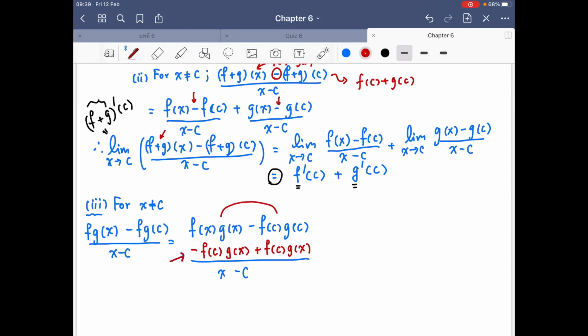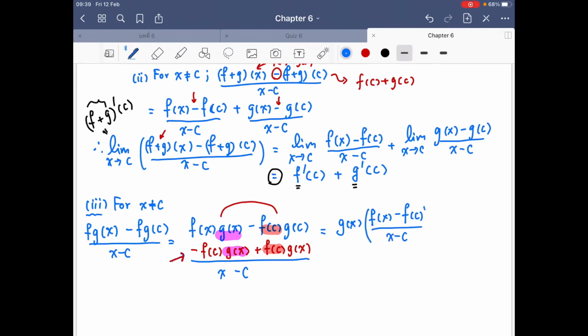However, as we do the addition, you should be able to see that you have one common factor in the first term and one common factor in the second term. So you can just group them together. So we get g of x times (f of x minus f of c) over x minus c as one term.